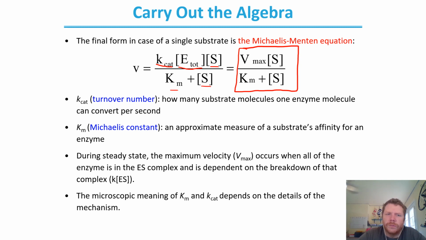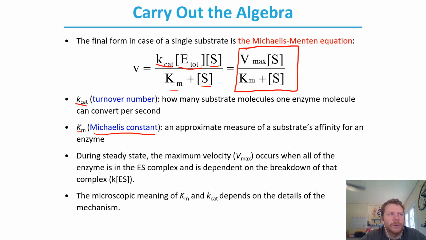So the first term that's presented there is Kcat, our turnover number. That tells you how many substrate molecules one enzyme molecule can convert to a product per second. Our Michaelis constant, Km, is an approximate measure of a substrate's affinity for an enzyme. So basically it's kind of a binding measure.